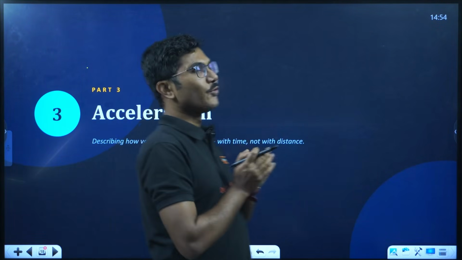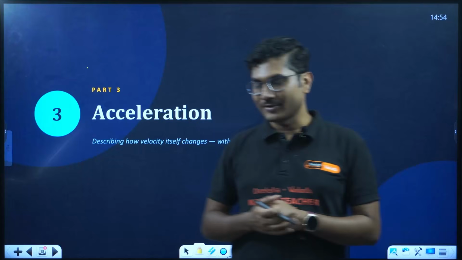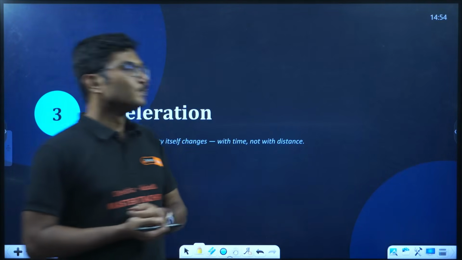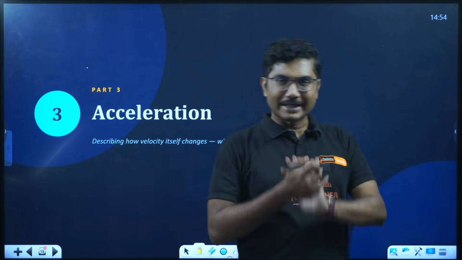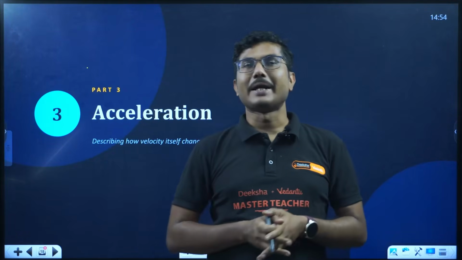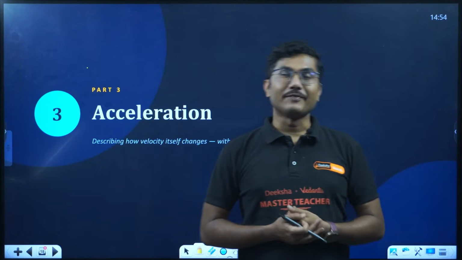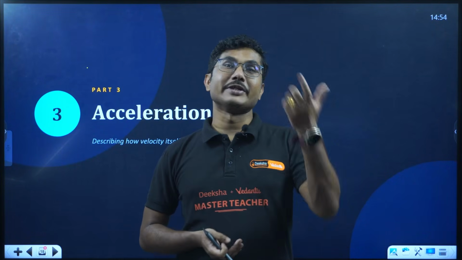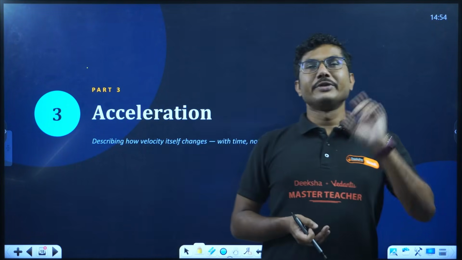Interesting, isn't it? Velocity itself depends on two quantities: displacement divided by time. Now if velocity itself is changing, does it mean it is changing with respect to distance or with respect to time?